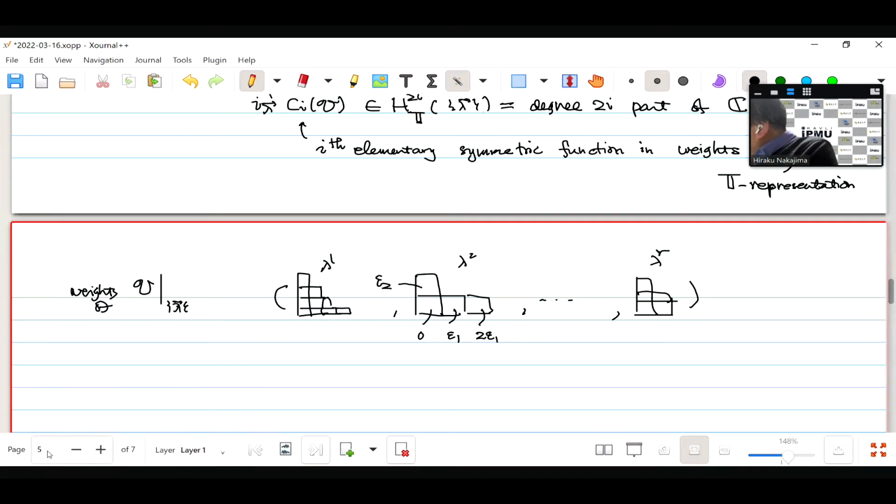So for each box, I assign those weights. And because I must remember that this is coming from the second partition, I add a_2. So this plus those linear functions. So instead of the variables x_1 to x_k used in the elementary symmetric function, I substitute those linear functions and then consider the elementary symmetric function.